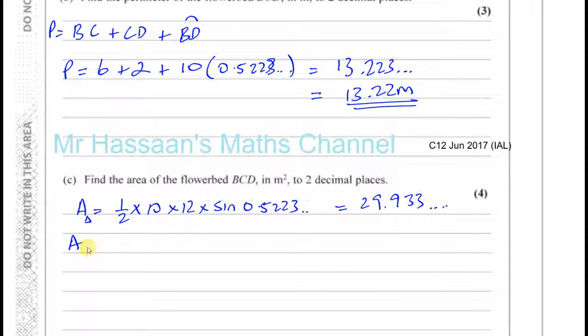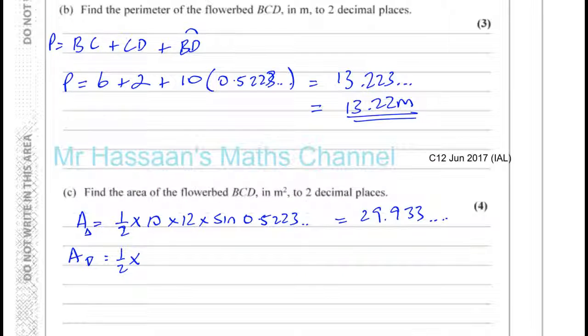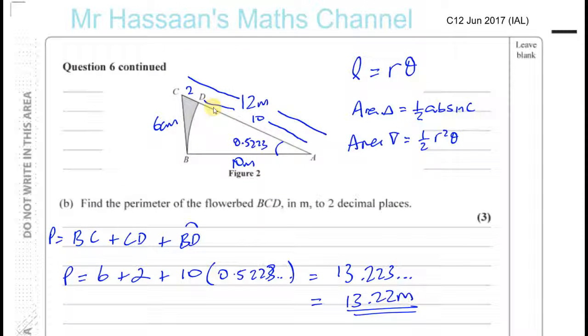Now I'm going to find the area of the sector, which is like a pizza slice shape, and that's a half times the square of the radius. The radius of the sector is 10.